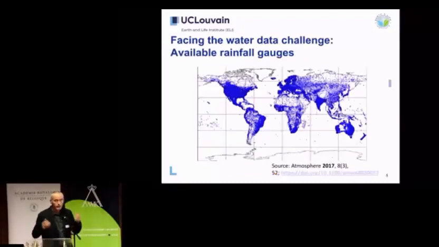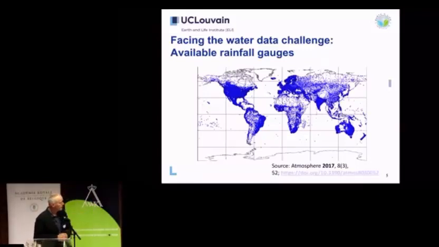Now, if we would like to manage water resources at a global scale, we need, of course, to have data. And there is actually the problem that we have. We don't have enough data. Here, I'm just going to show you two maps showing the current status of two basic variables of the hydrological cycle, precipitation. Precipitation can be measured by pluviometers.